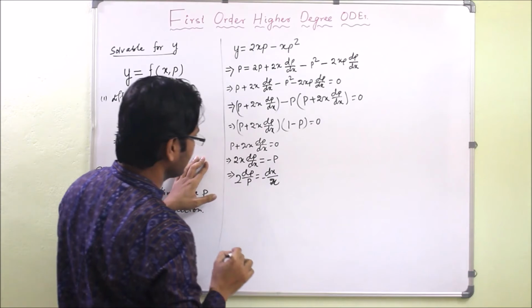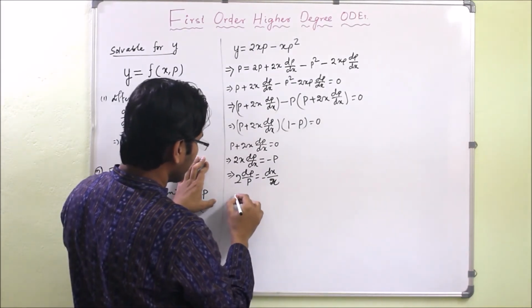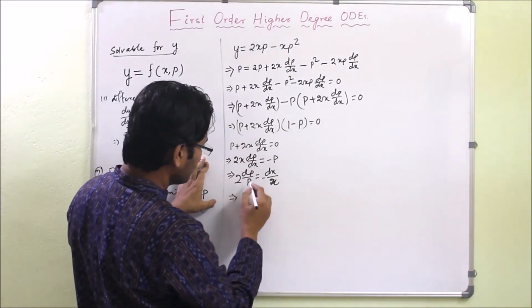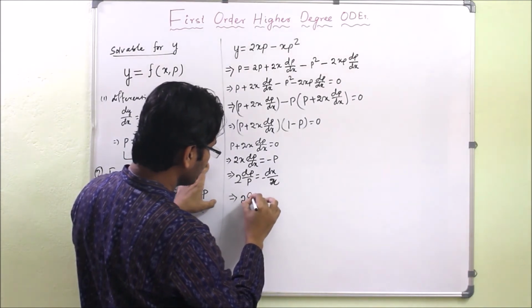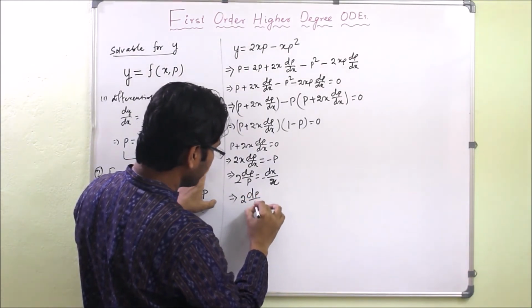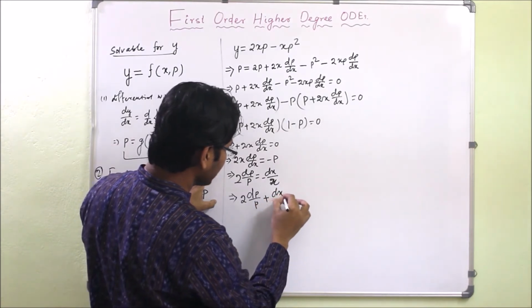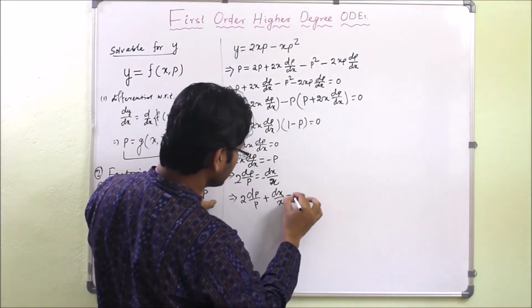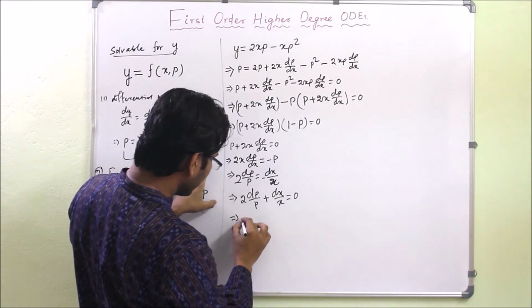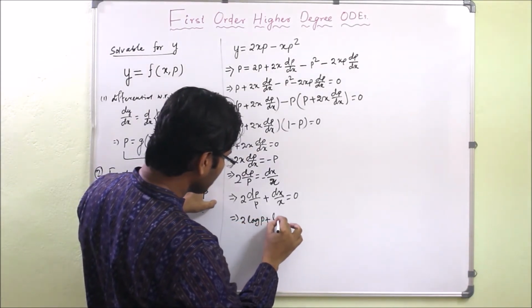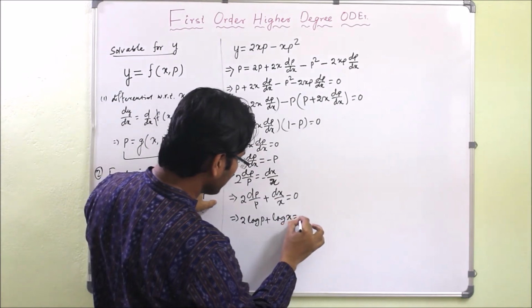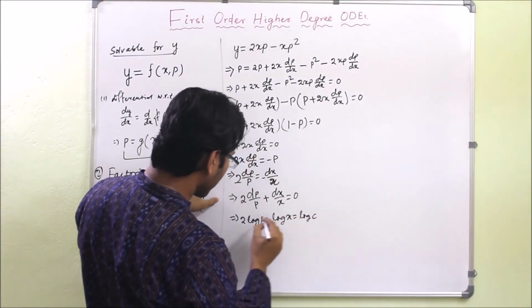Again we take the right side to the left: 2 dp by p plus dx by x equal to 0. So this I can write as 2 log p plus log x equal to log c.